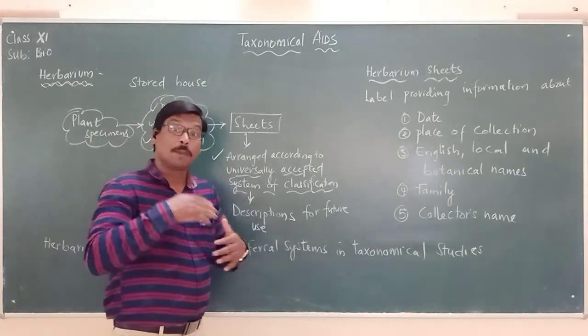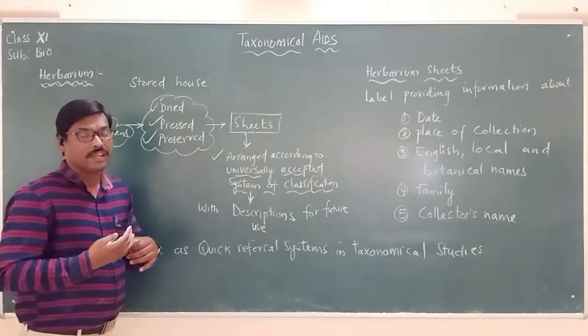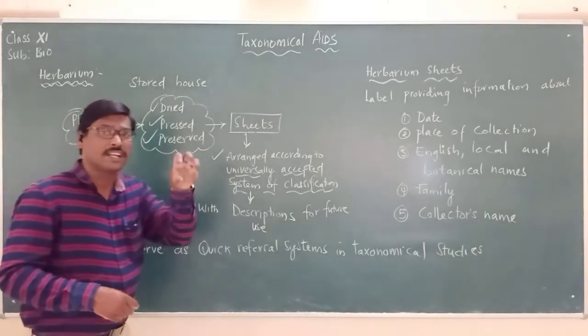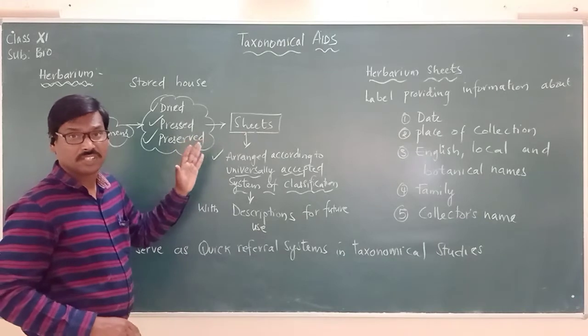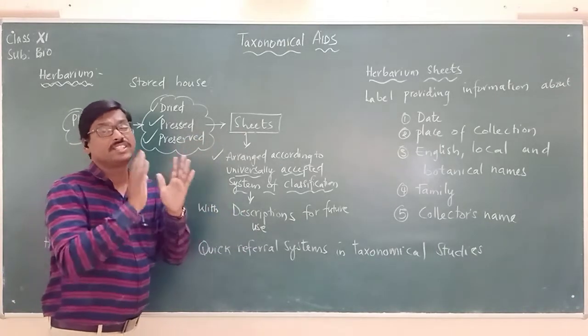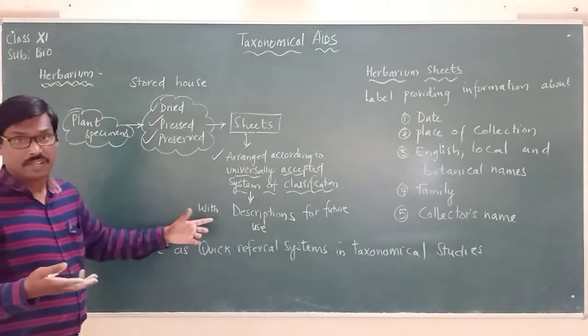It is for repository or for future use, which means all the information related to that particular plant specimen present on the sheet will be described, and it is stored for future use.